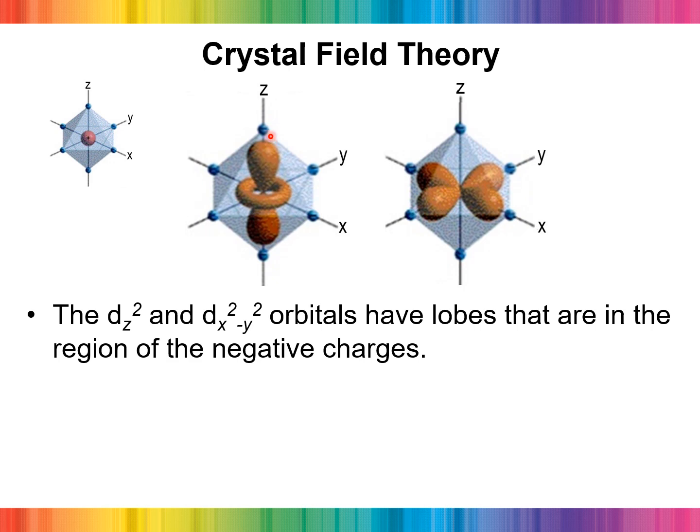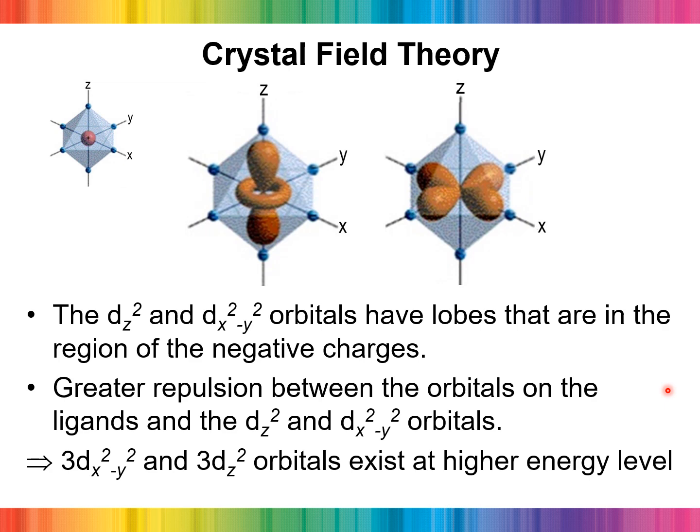So this actually signifies head-on repulsion. Then for the x square minus y square, same thing. The lobes are within the direction of the negative point charges. And as a result, these orbitals will experience greater repulsion between the orbitals and the ligands.